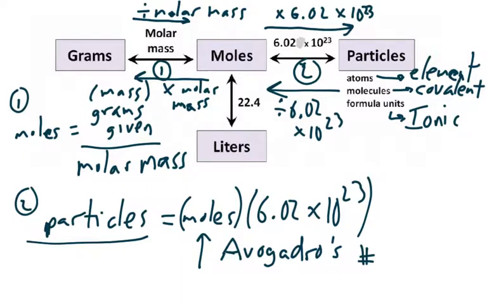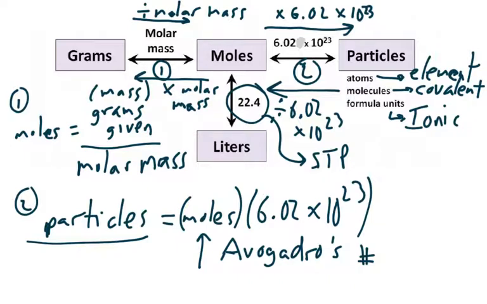Now we do have one more conversion, and that has to do with moles to volume, which is expressed in liters. This only works under a condition known as STP conditions. STP is an acronym for standard temperature and pressure.